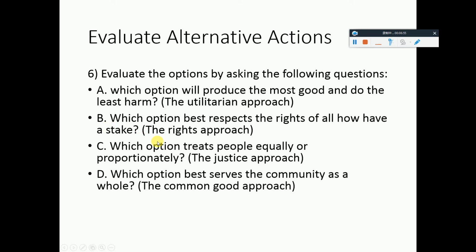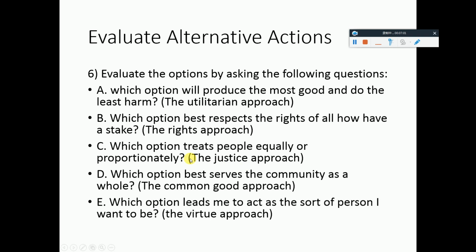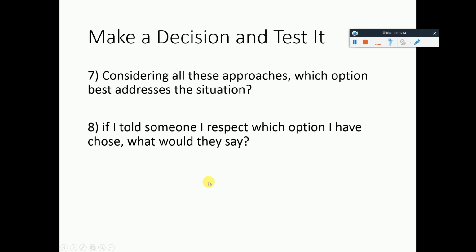The common good approach would suggest the question of which option best serves the community as a whole. Lastly, the virtue approach will suggest the question of which option leads me to act as the sort of person I want to be. So after weighing all the options, then we should make a decision and test the result of the decision, right?